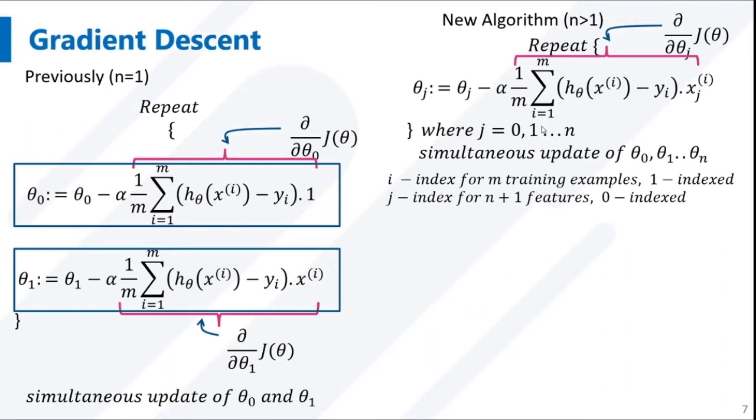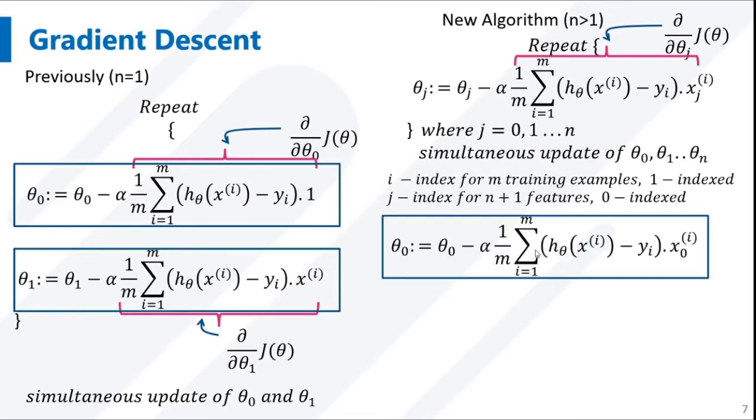You see in the summation, i starts from 1 and ends at m. So it is the index for m training examples, and we call it 1-indexed because the starting value is 1. j is the index for the n plus 1 features. Since it starts from 0, we call it 0-indexed.